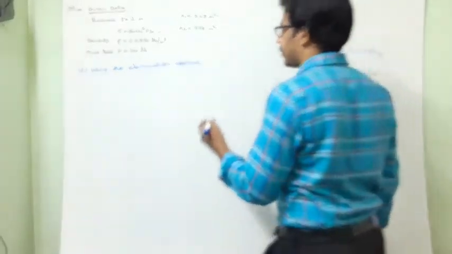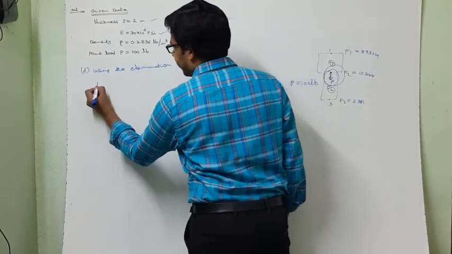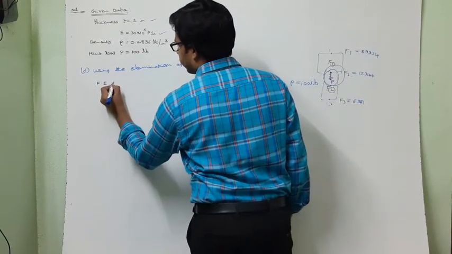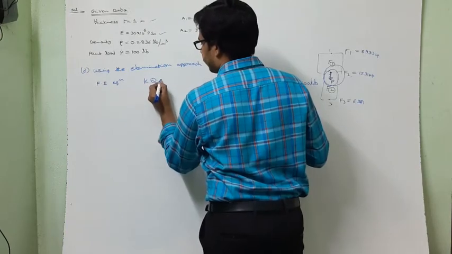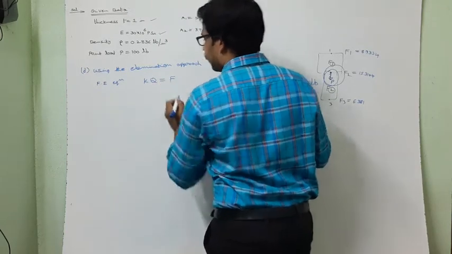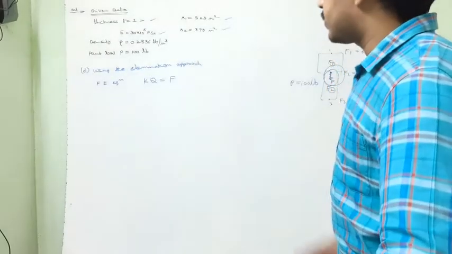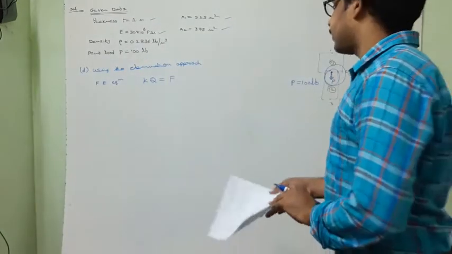So here the finite element equation, KQ is equal to F. What is the K value?